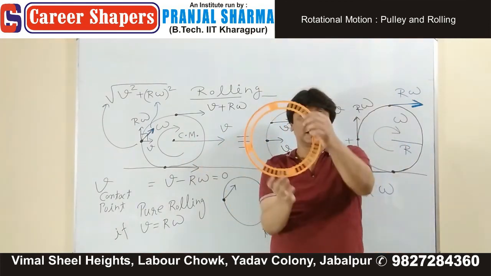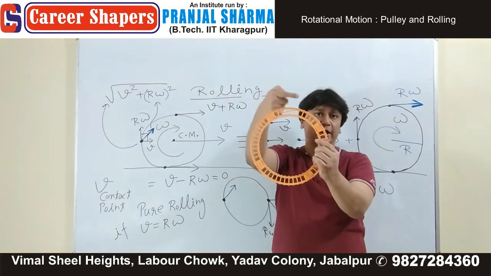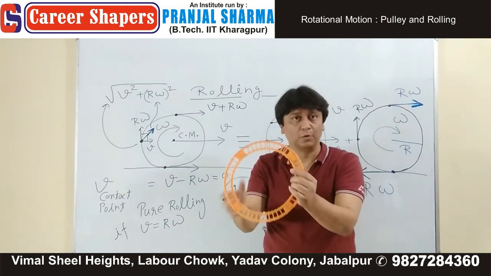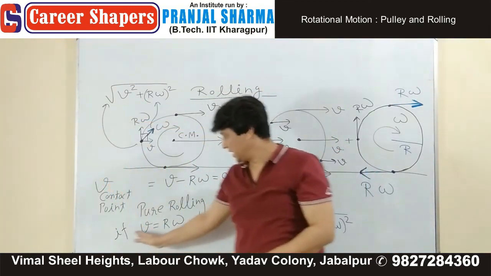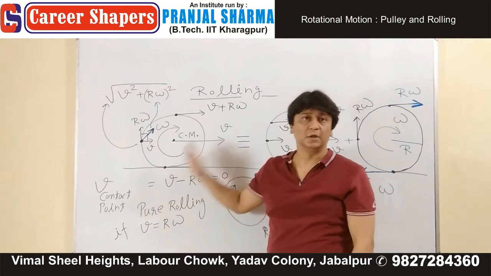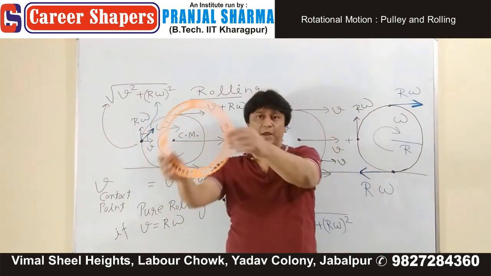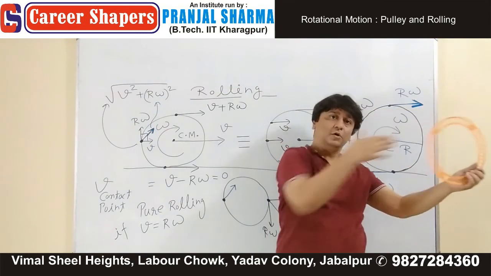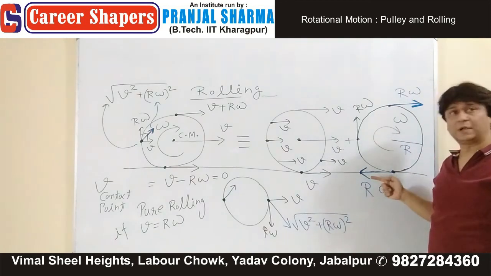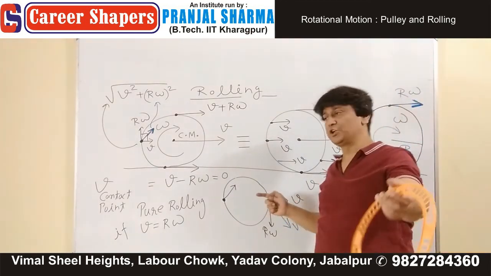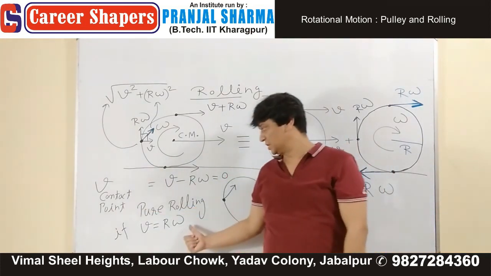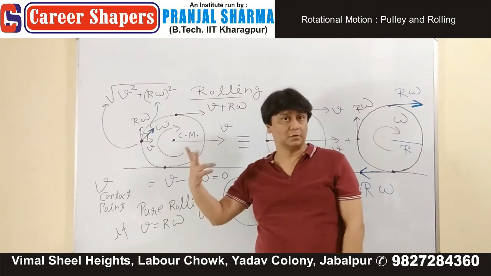Even in this case, every tangential point is moving with R omega. But what is the velocity of the center of mass? Zero. So when you say V equals R omega gives you pure rolling, remember this V is the velocity of the center of mass. When it also moves forward, V develops in such a way that it cancels this R omega, and if that cancellation takes place, your contact point comes to rest, which gives us pure rolling.